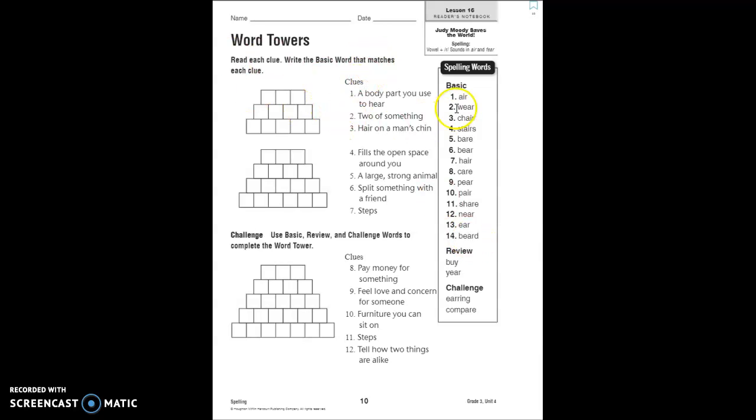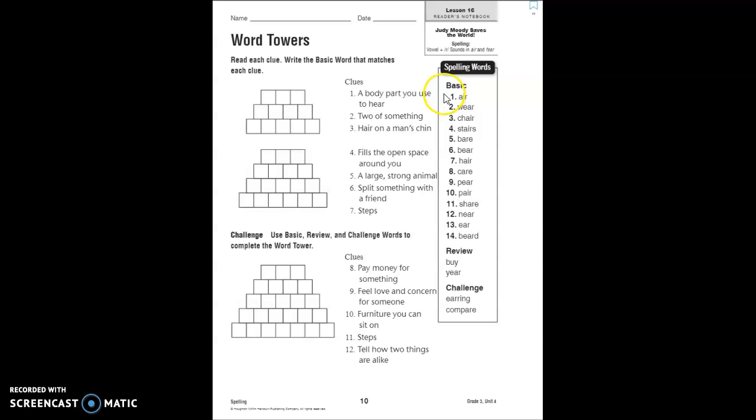Okay, so let's take a look. Here's our word towers. We're going to choose a word. We're going to write it in the word tower, and the clues are next to it. So in this, it's 3 letters, and it says a body part you use to hear. I'm pretty sure you guys know which one that is. Take a look down through our list.